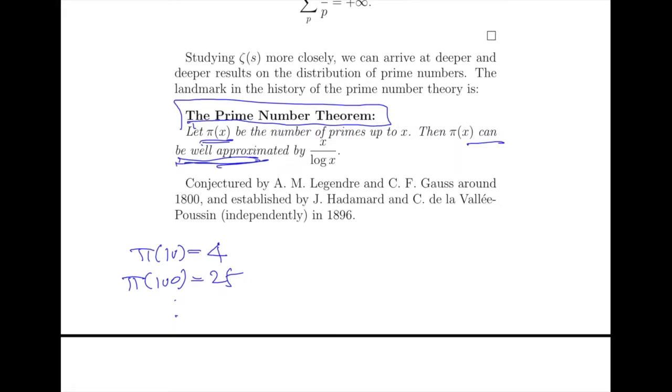But anyway, this is the prime number theorem. It was conjectured by Legendre and Gauss around the beginning of the 19th century, and almost one century later established by Hadamard and de la Vallée Poussin independently in 1896, which is rather the end part of the 19th century.